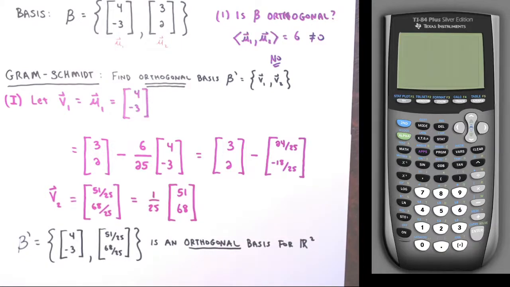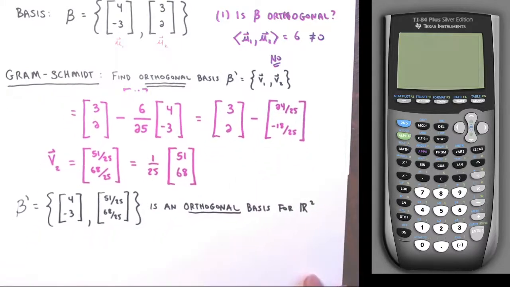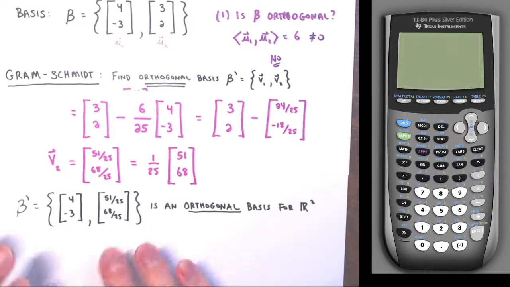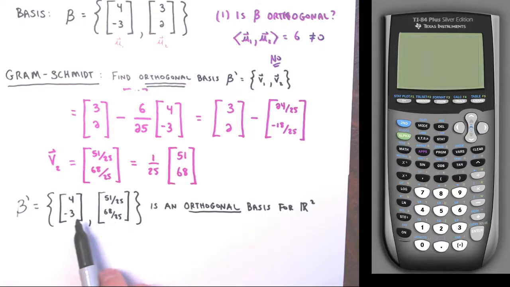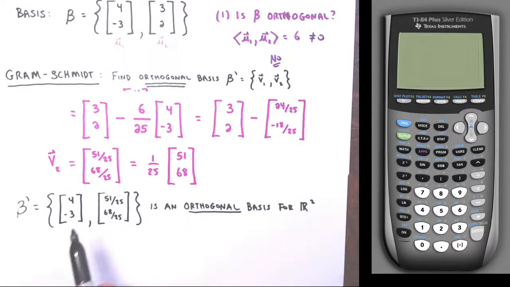Now, there's nothing wrong with this, but if you don't like the fractions, if two vectors are orthogonal, their inner product is 0, you can multiply each of these by any scalar you wanted. Because if two vectors are orthogonal, any scalar multiples of those two vectors will also be orthogonal. So if you don't like the fractions here, I just multiply this second one by 25.